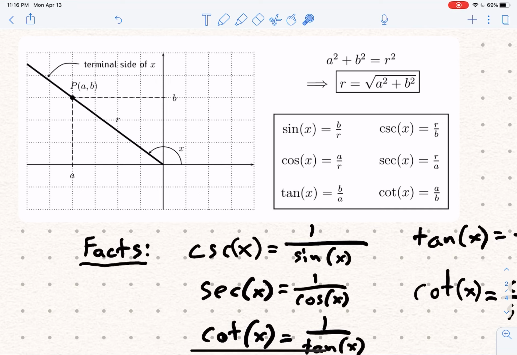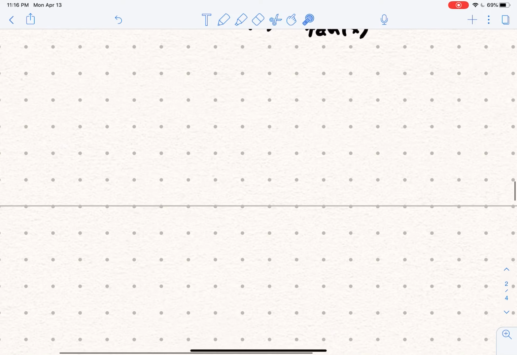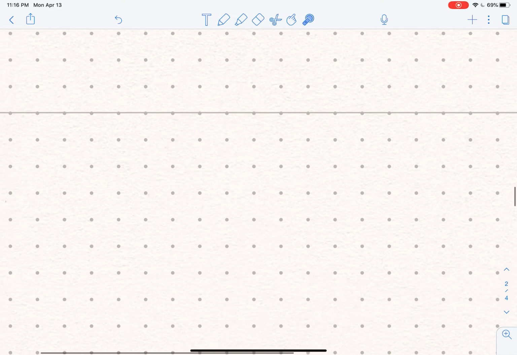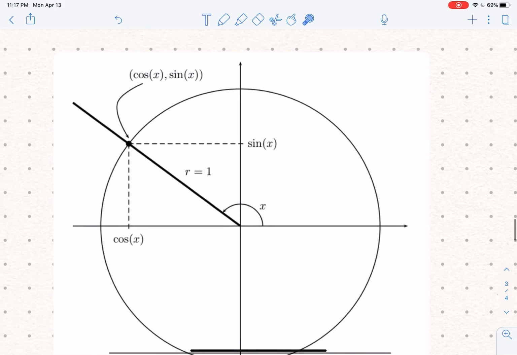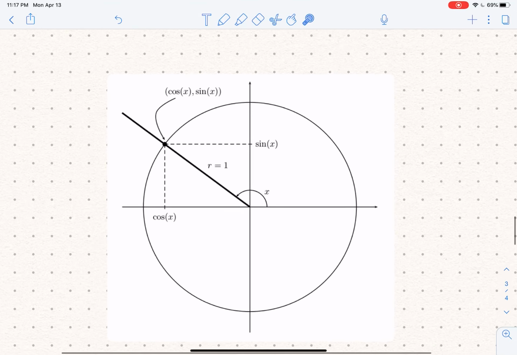If we do that and then consider angles going in all sorts of various directions, but the r part of them is only 1, we get what we call the unit circle. And this is the second big picture that trig functions depend on.